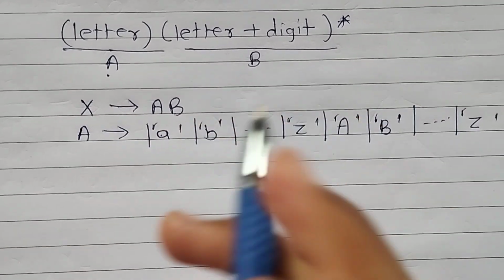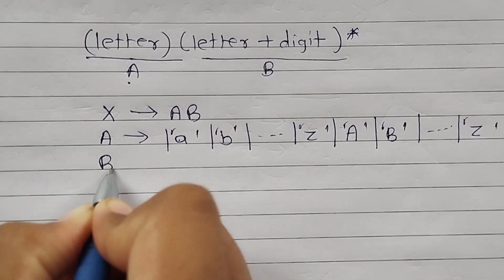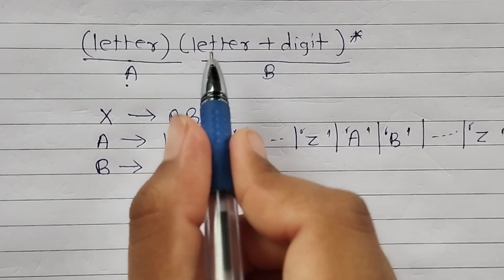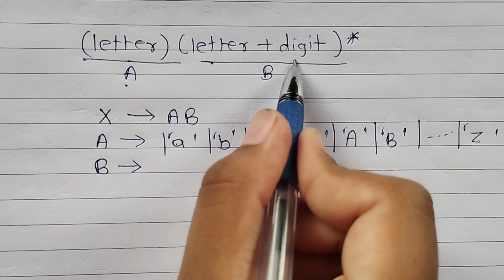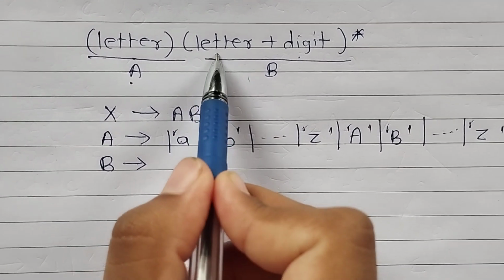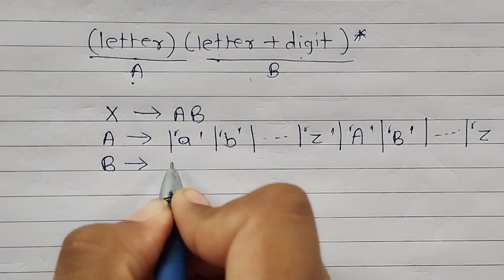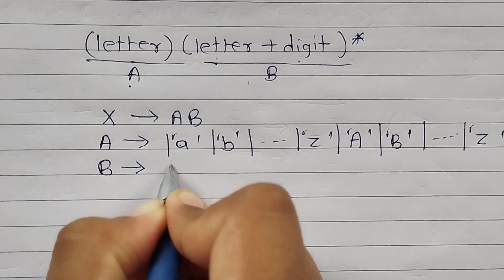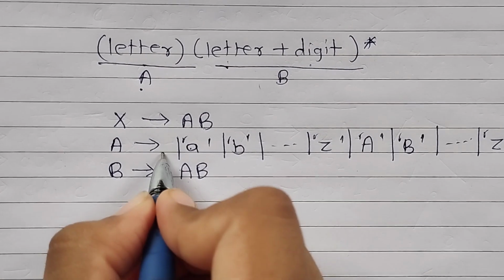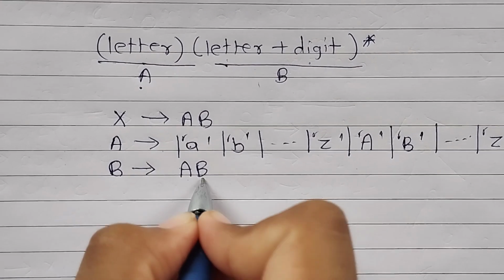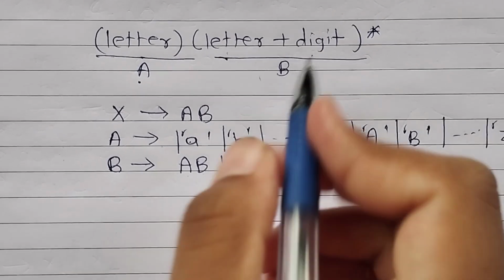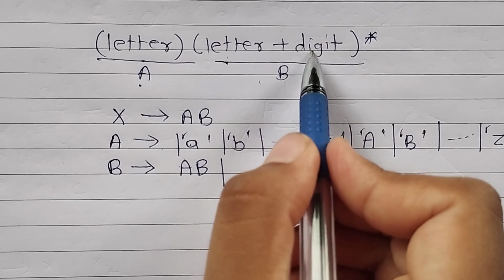Now this B. How can I write this? First it reads my letters or the digits. So if my B reads only letters, then simply I write this AB, because A means my letters, and n number of letters are read by this B. Then, or a combination of digits also.